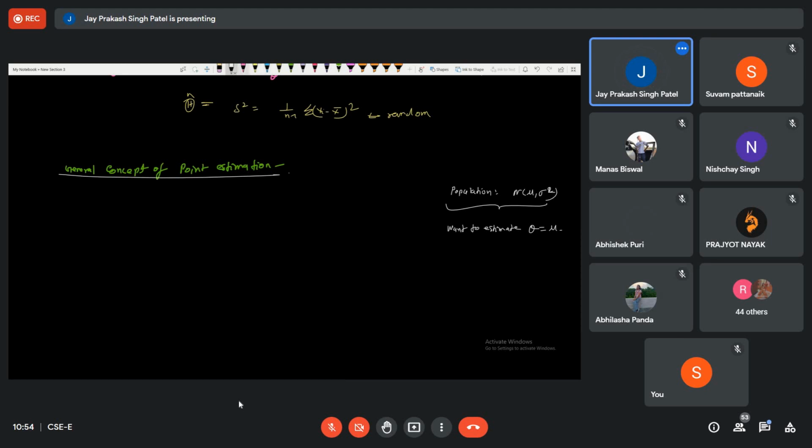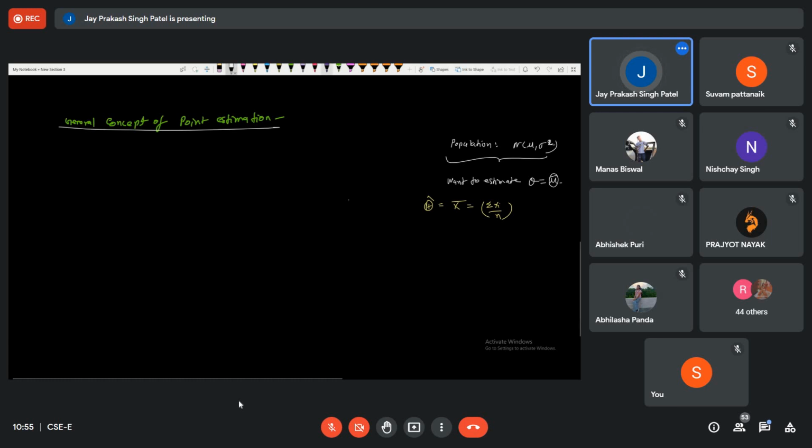Then, as we know, we use this x bar, which is defined as summation xi by n, to estimate this theta, the population mean. So generally, what we expect is that the mean of this estimator is equal to theta. This is the desirable thing.